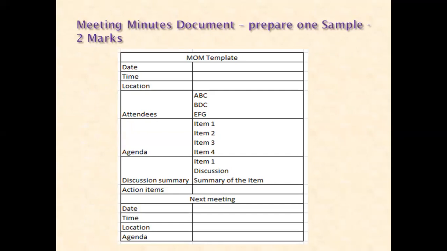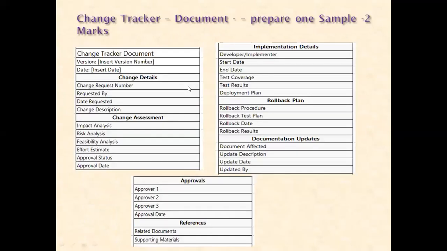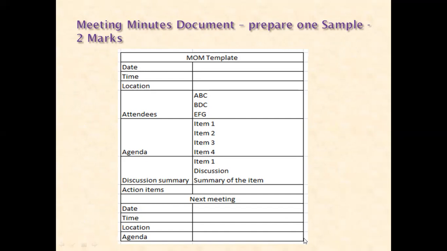Guys, please note MOM, or minutes of the meeting document, is nothing but, let's assume a meeting happens, what you have discussed in the meeting. Here the question says we need to prepare a sample, so I just created one simple template, guys. It says what the date is, the location, who the attendees of that meeting are, and what the agenda was.